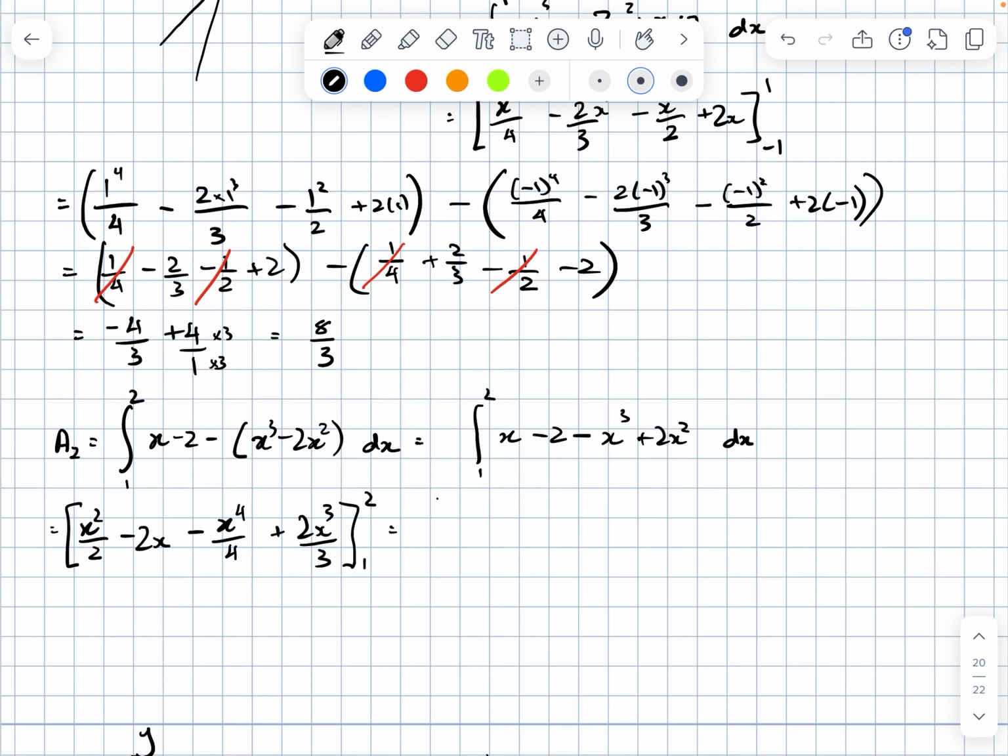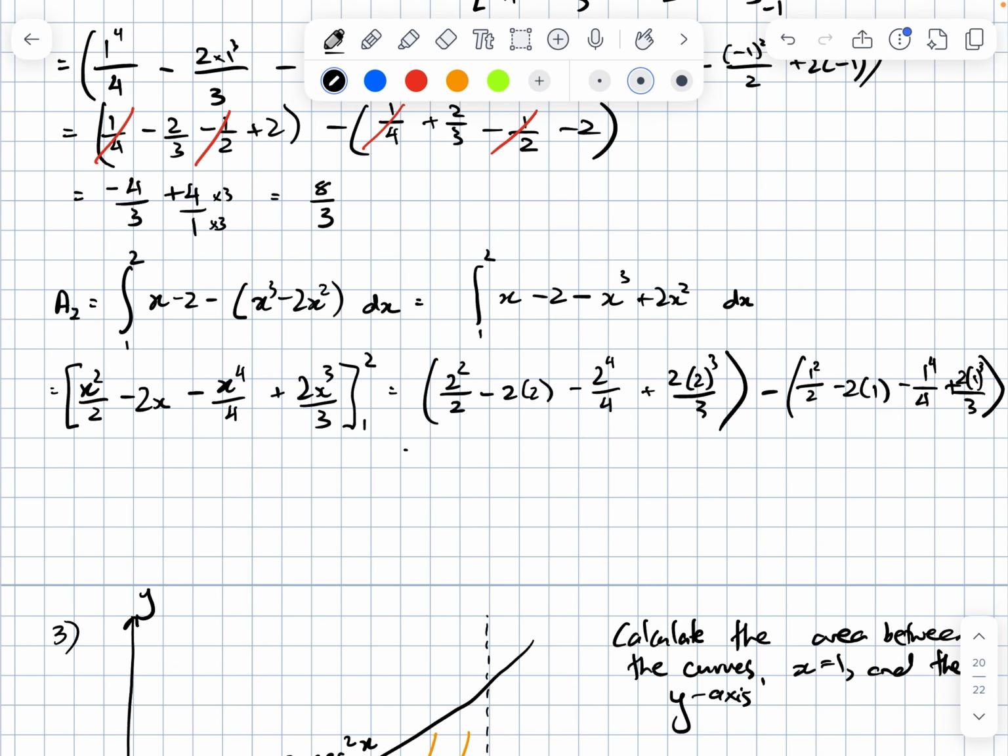Subbing in our limits, we get 2 squared over 2 minus 2 times 2 minus 2 to the power of 4 over 4 plus 2 times 2 to the power of 3 over 3, minus, subbing in 1, 1 squared over 2 minus 2 times 1 minus 1 to the power of 4 over 4 plus 2 times 1 cubed over 3.